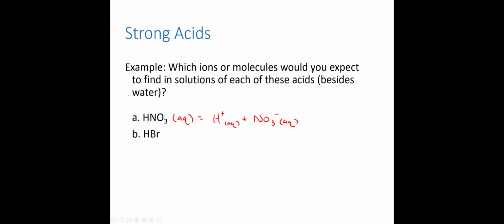How about hydrobromic acid? Again, this is a strong acid. So when we write this, what we really mean is that we have protons, which are really hydronium ions. And what's left over? Bromide ions.